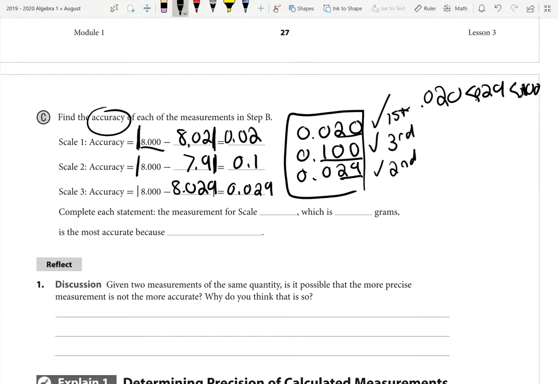So yes, the most accurate one was scale 1, which is the 8.02 grams. It's the most accurate because, well, I've kind of already explained it up here.